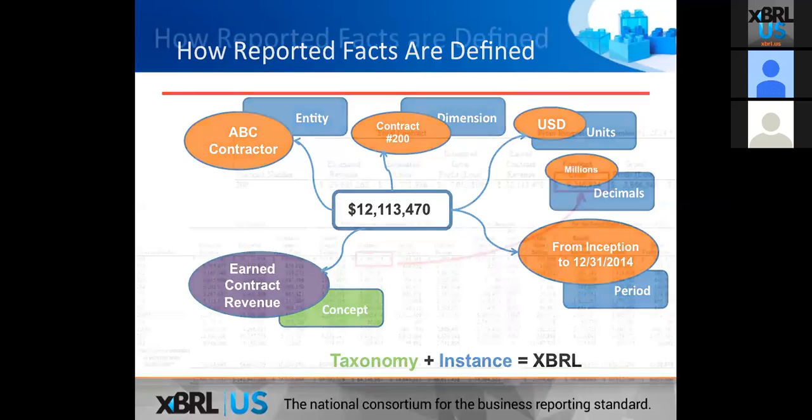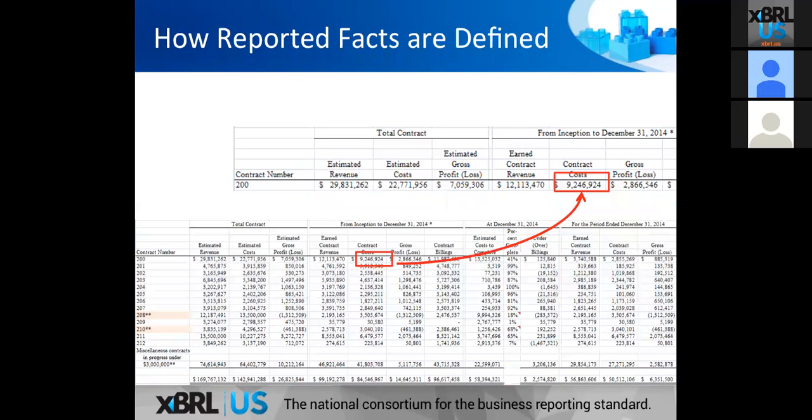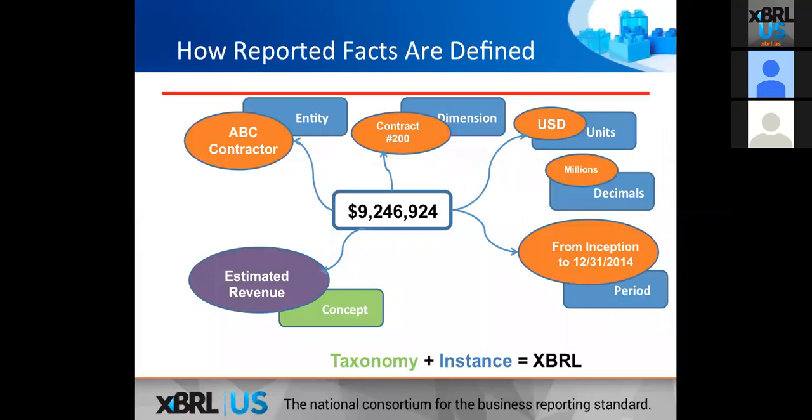Just to take this a step further, if we look at a different example, here we look at the value for 9,246,924. You can see it's under the contract costs column, from inception to December 31st. Let's take a look at how this value would be defined in XBRL.